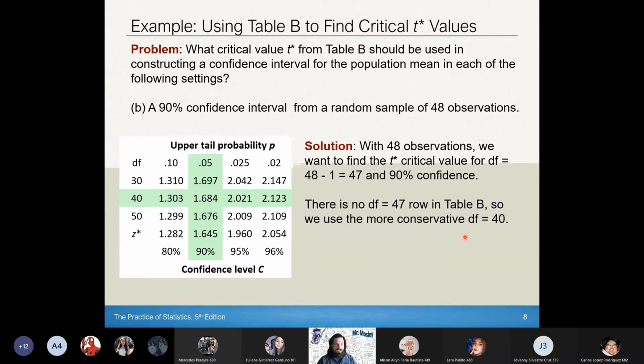So we err on the side of caution and be more conservative, and we round to the lower value that's closest to 47, which would be 40. Again, I like to think of it as using Price is Right rules, as close as you can get without going over. Okay, so the corresponding critical value is t star equals 1.684.